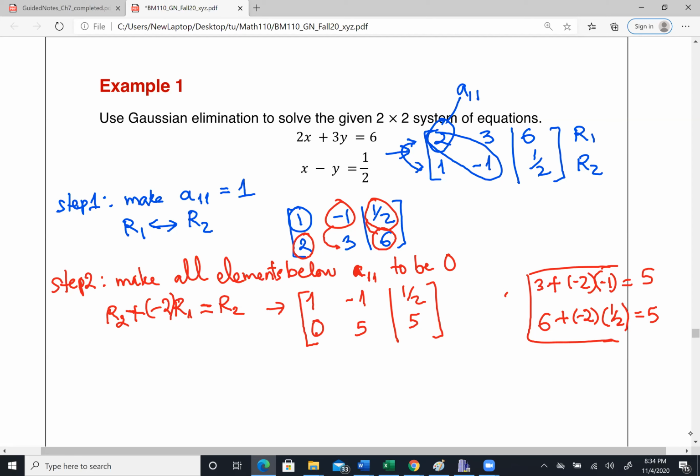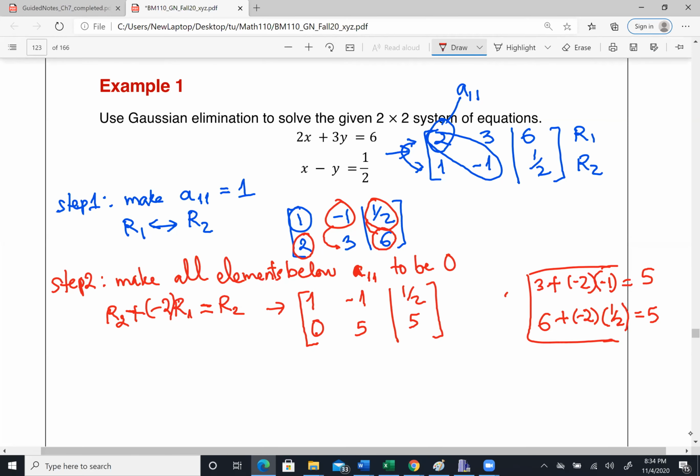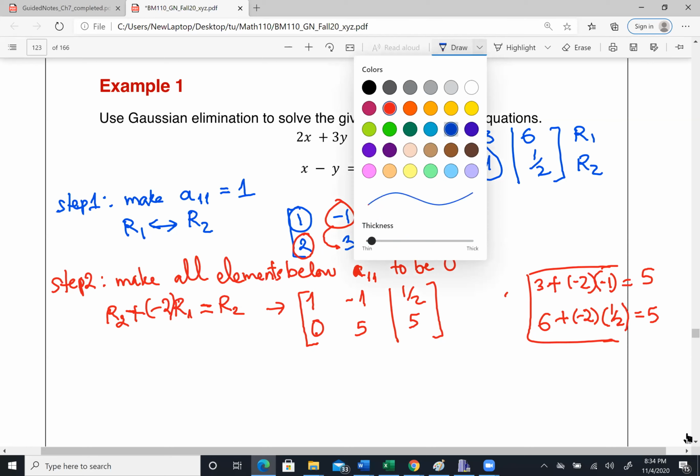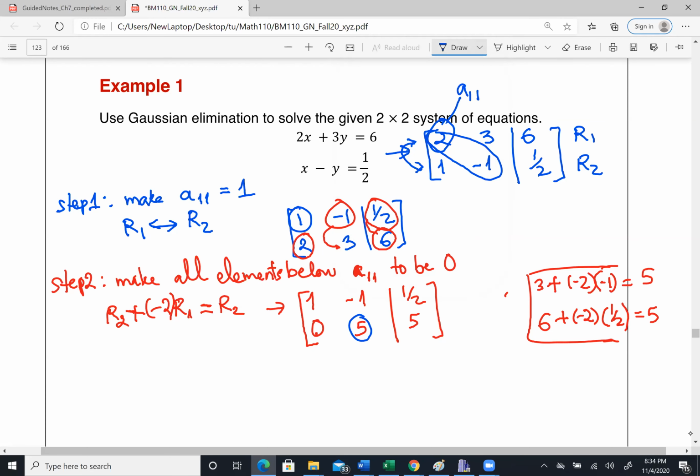Now the second row has the number 5, but it doesn't have the leading one yet, right? So we need to make the number 5 here be number 1.